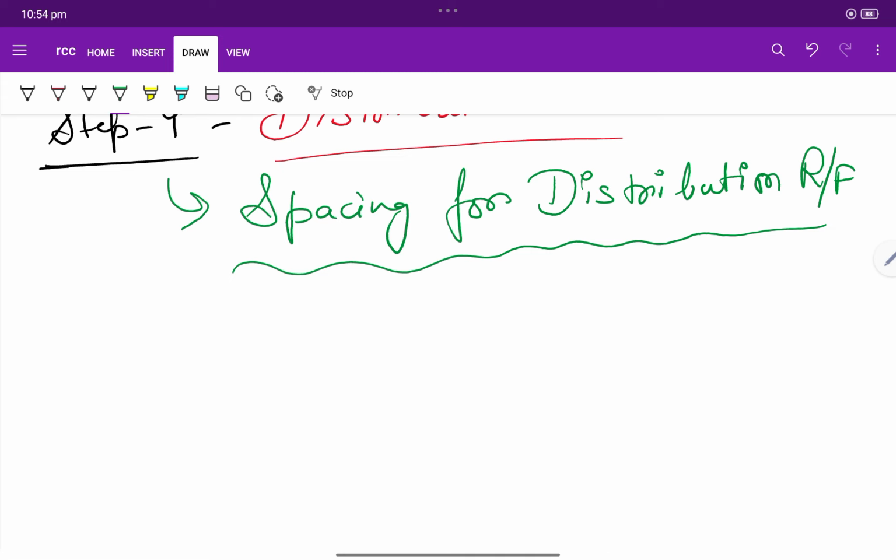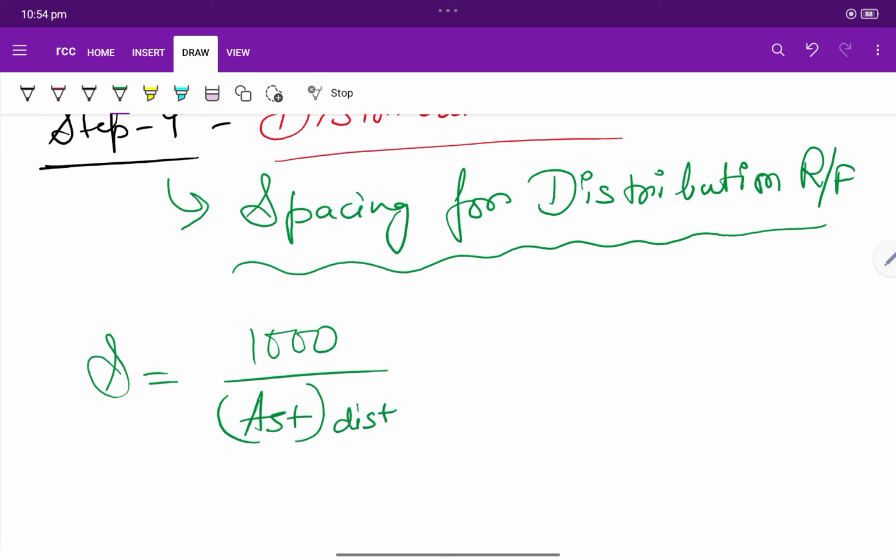Let's see, just a very easy thing. We have to calculate the same thing, 1000 divided by AST, we are writing it as distribution, into pi by 4 phi square.